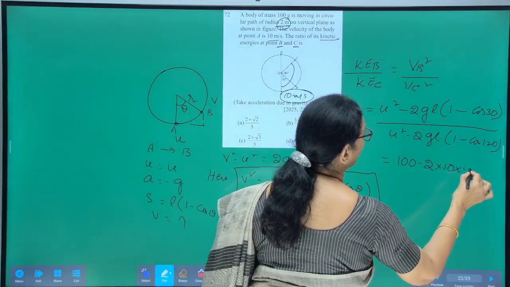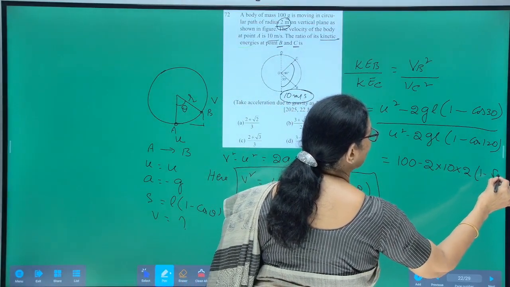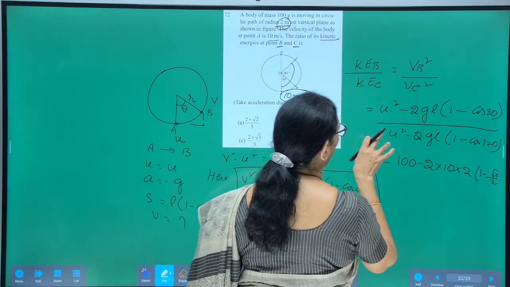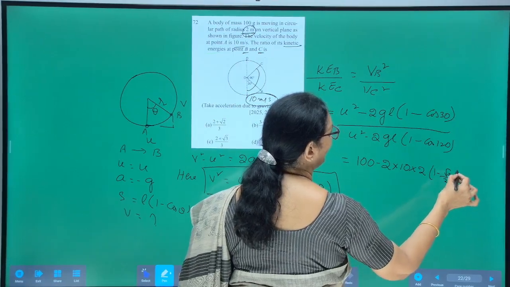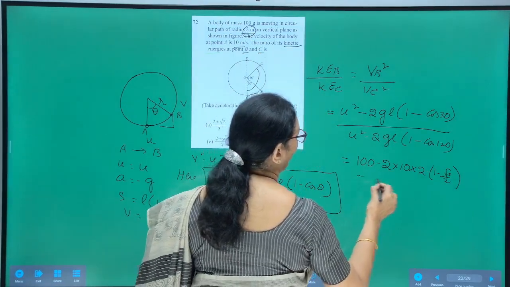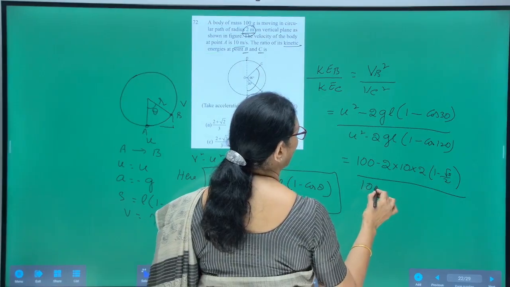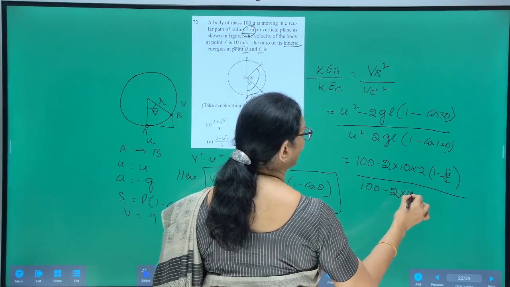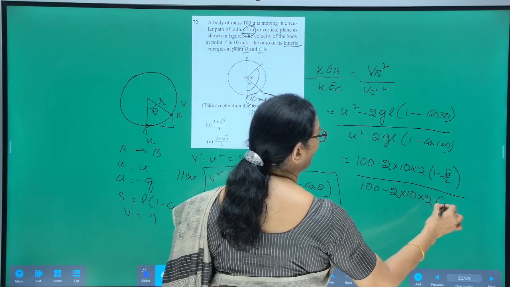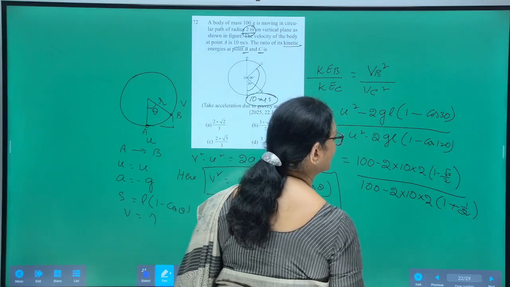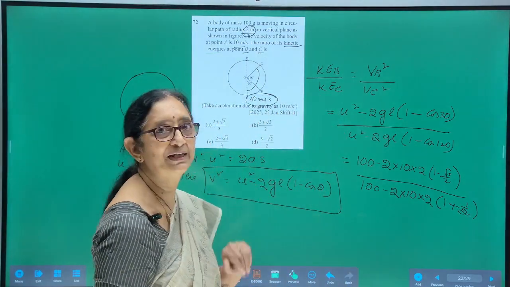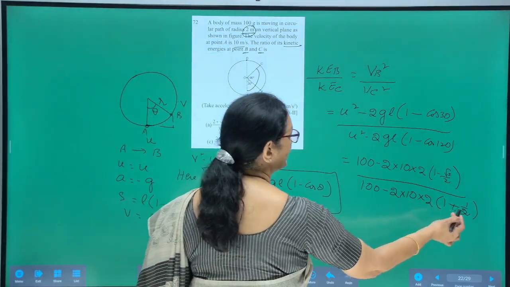So, it is 2, 1 minus cos 30 is root 3 by 2, okay, 1 minus root 3 by 2, divided by 100 minus 2gl into 1 minus cos 120. Minus of minus becomes half, cos 120 is minus half, minus of minus.